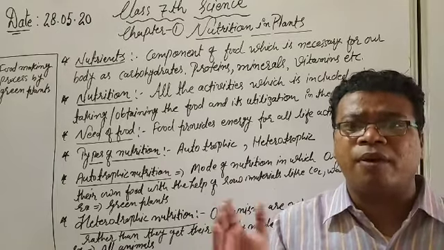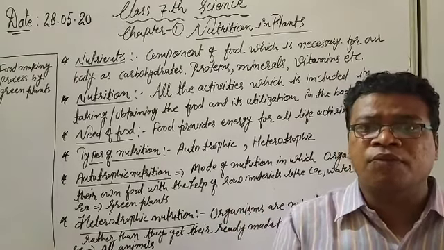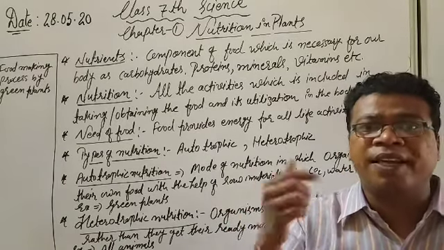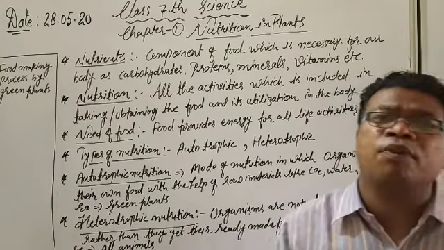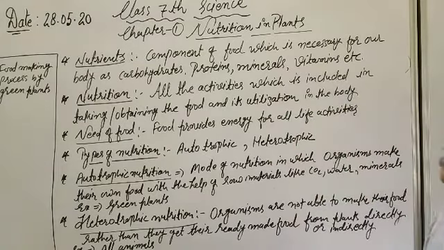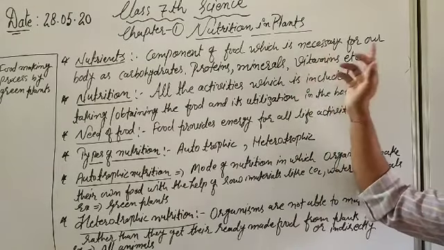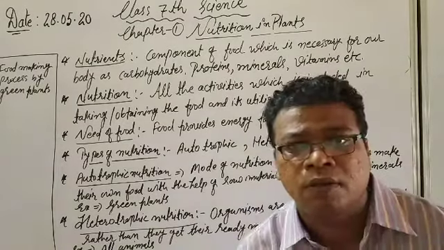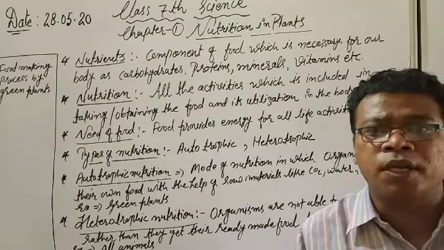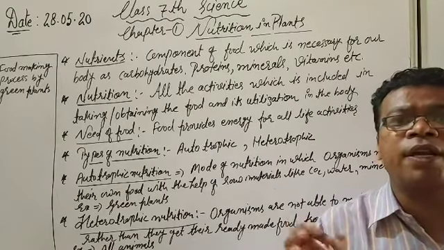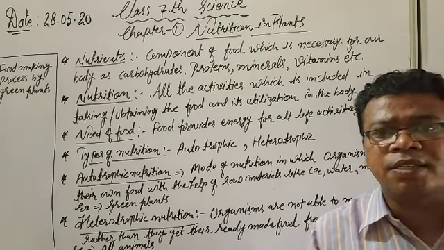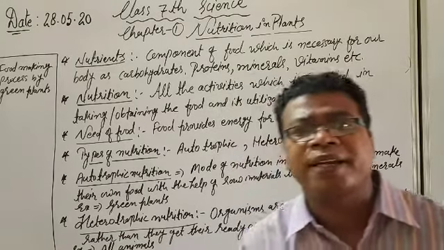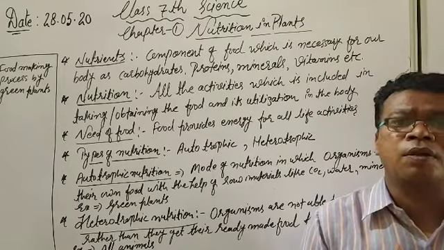They are all available in the food which we get. Whenever we are eating food, we can get all the nutrients. So the component of the food which is very much essential, very necessary for the proper growth of our body, these components are called nutrients. Very easy.